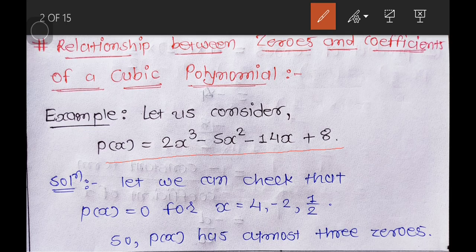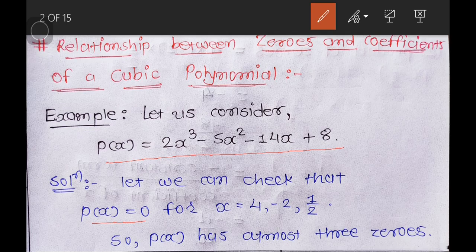Solution: we can check that p of x is equal to 0 when we put the zeros of the given polynomial in it. We also know that a cubic polynomial has at most 3 zeros.